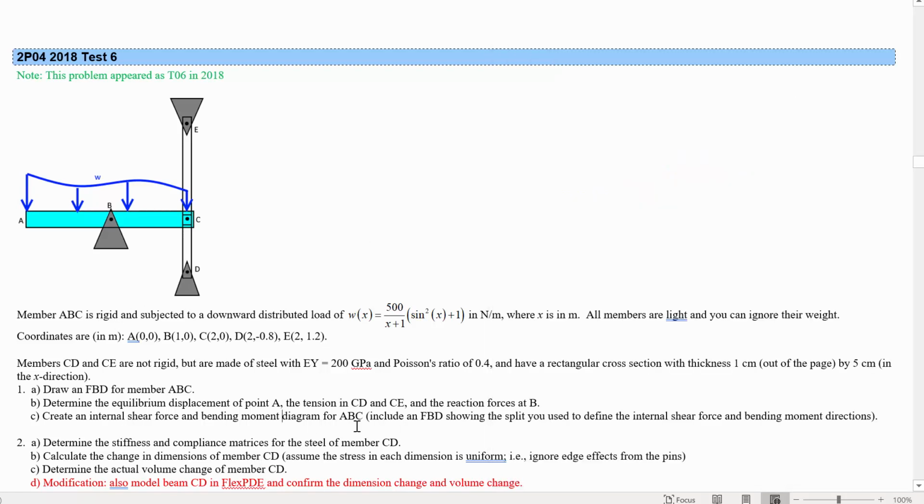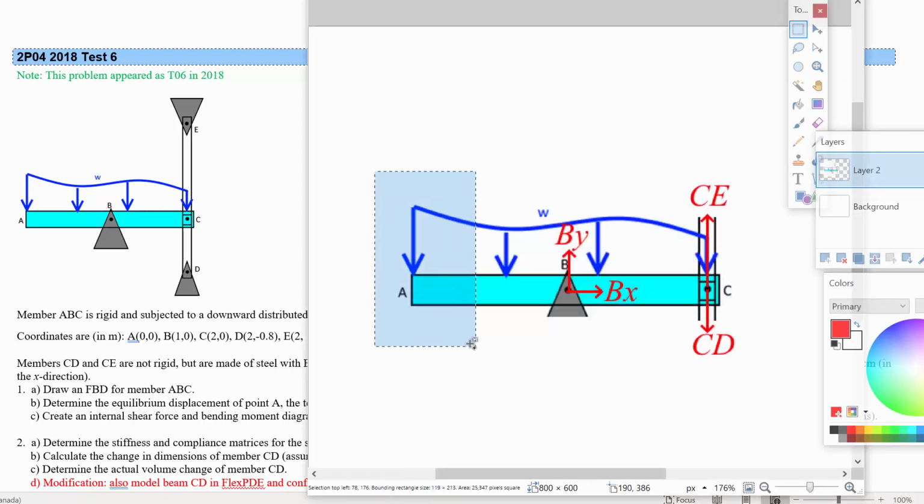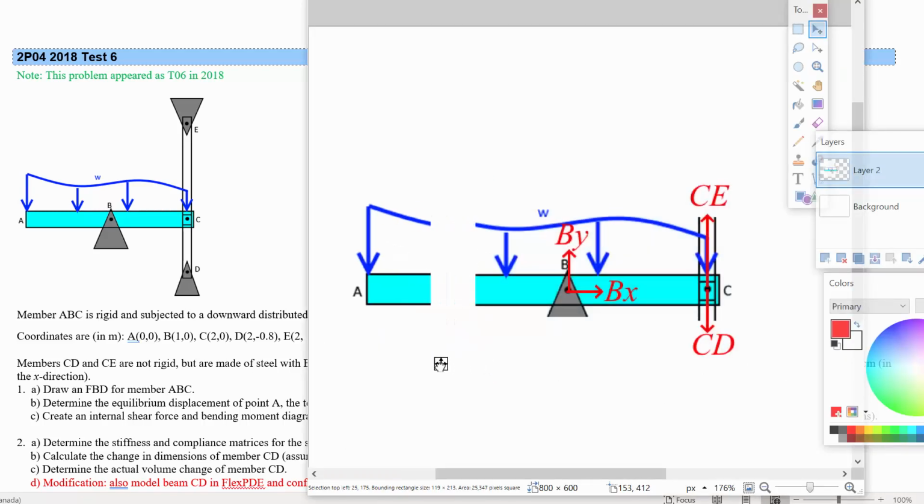So next the question asks us to create an internal shear force and bending moment diagram for ABC and to include a free body diagram showing the split that we used to define the internal shear force and bending moment directions. So we'll go back over to here and we can split this anywhere, cut and paste it, and then show the directions. Now it didn't actually ask for the internal normal force, it just said internal shear force and bending moment, but for good measure, we can add that in as well as a bit of a bonus.